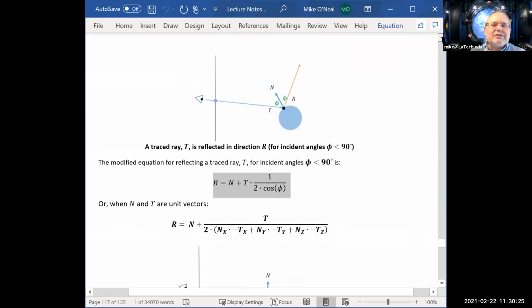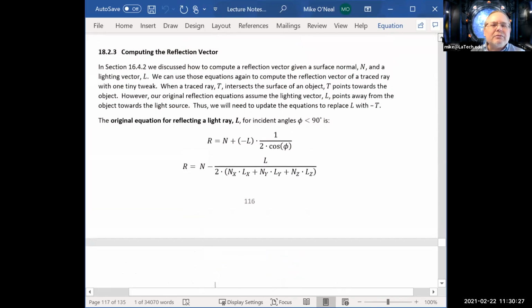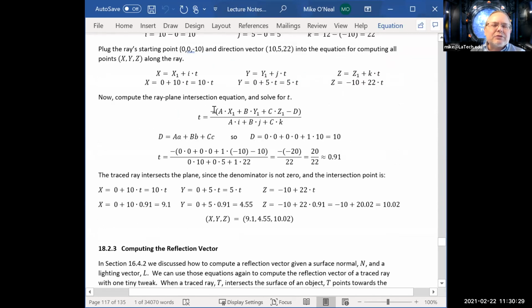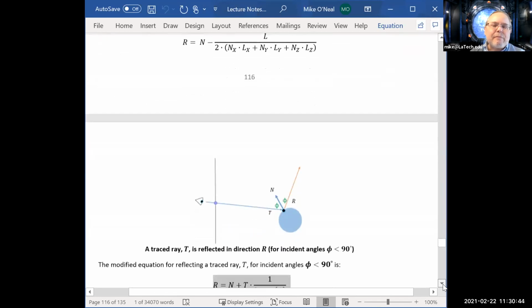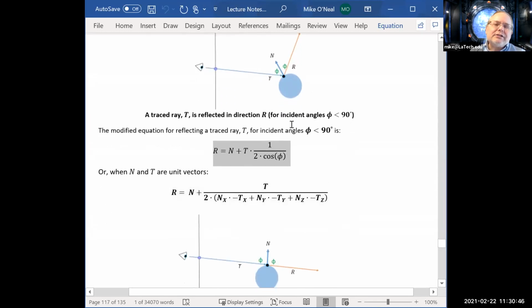That cap T is totally different from the little t's, because the little t is the distance that you're going down the traced ray, cap T. So little t is how far I'm walking down ray cap T. Okay? Again, those would need to be unit vectors so that you can do the math.